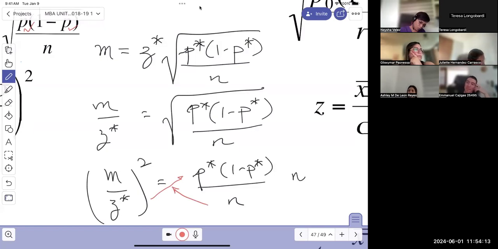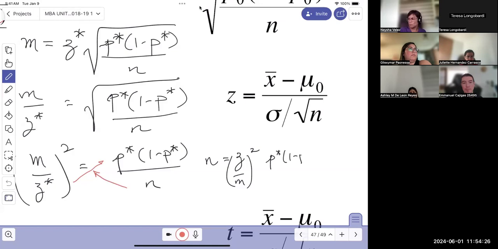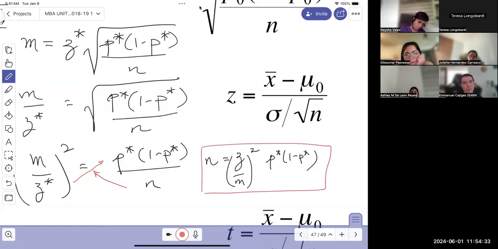So n is equal to, I have to flip this. And multiply p star 1 minus p star. And that is a formula for sample size estimation. And I have to put the star back on here.